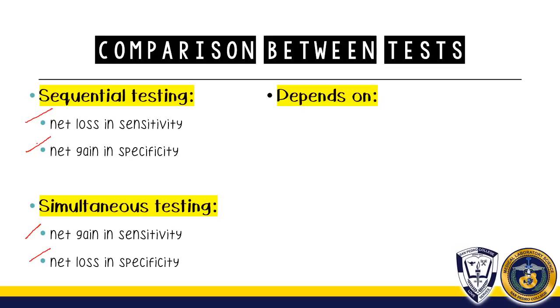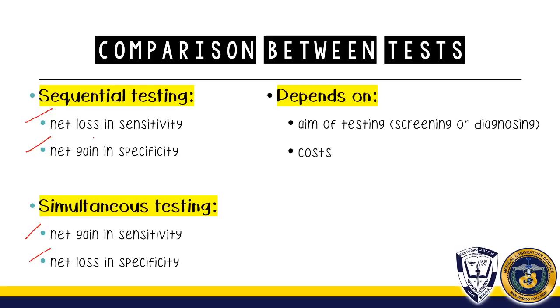Now, the next question would be, when should we use them? First, it depends on the aim of the testing. Are you trying to screen only or are you trying to diagnose? If you are just screening, then better use simultaneous. If you are already trying to diagnose, sequential can actually be used. It also depends on cost.